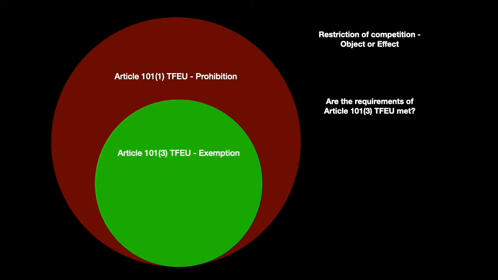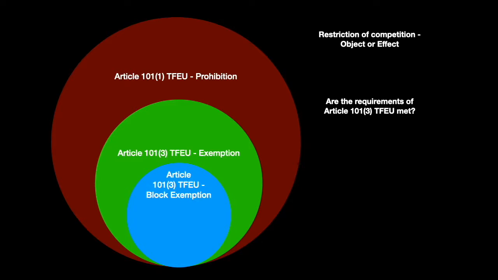Now, what the block exemption does is it sets out a number of requirements, and if these requirements are met, the requirements set in the Vertical Block Exemption Regulation, for instance, then the agreements covered by the block exemption will be automatically exempt from Article 101.3.